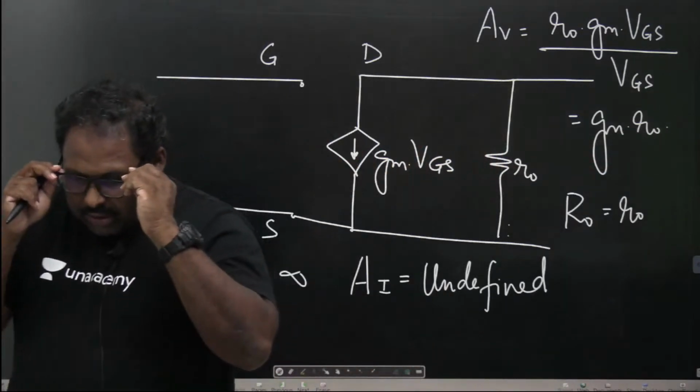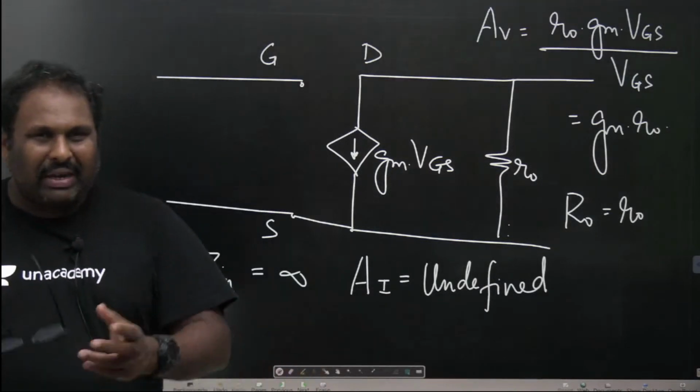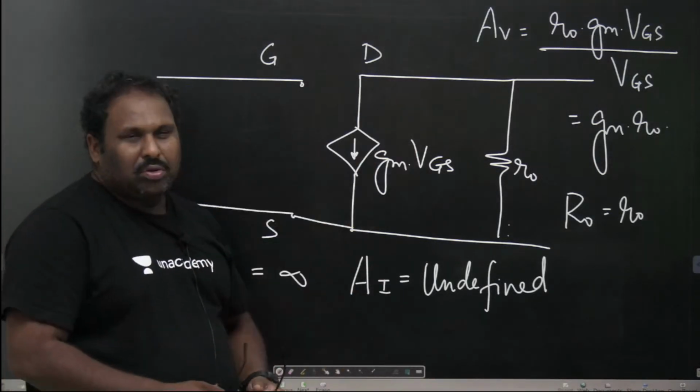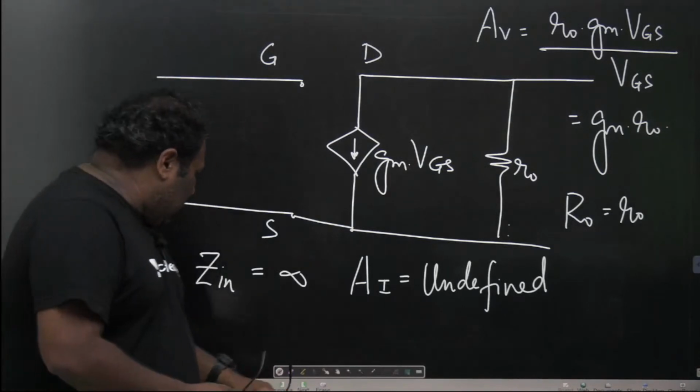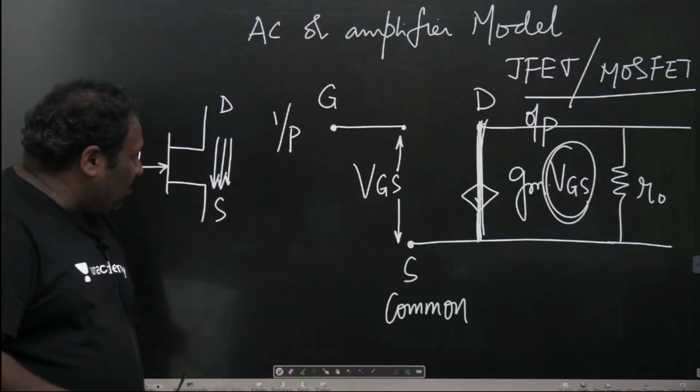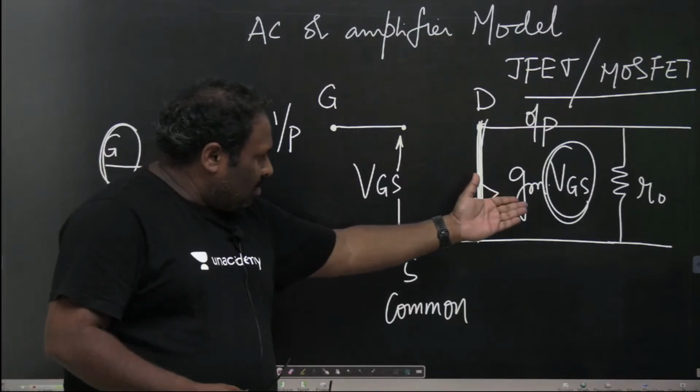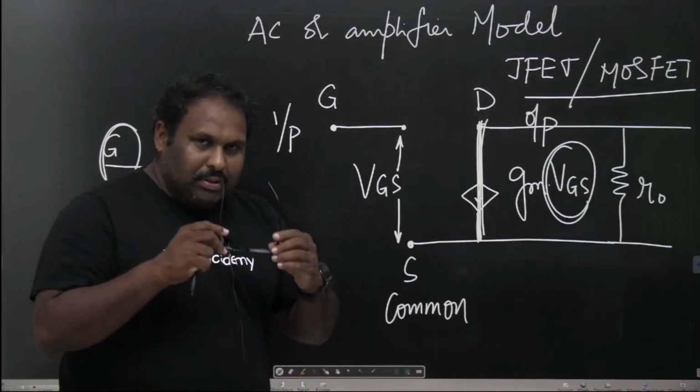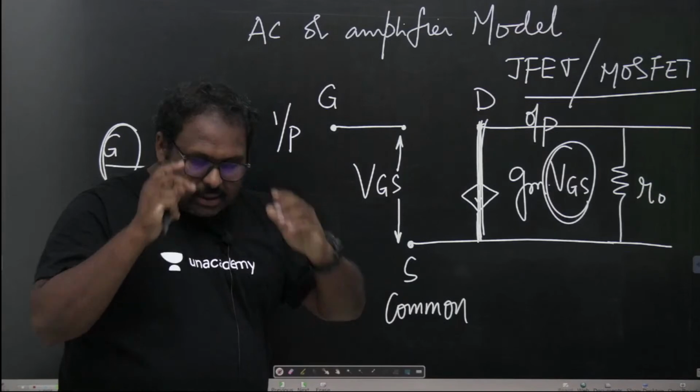Practically nobody will ask you such things in the exams. Practically in the exams they'll ask you with biasing circuits. That means the model as it is, independently, may not be the necessity of competitive exams, knowing what the model is and what the parameters are.